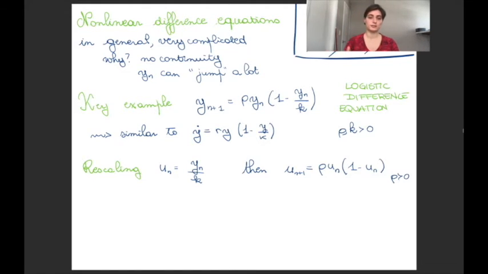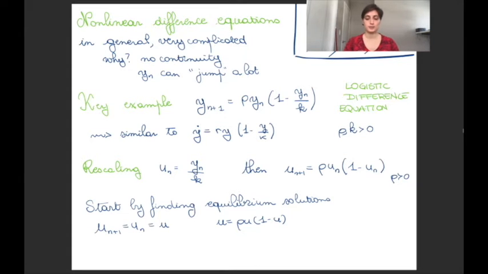If we rescale, that means we introduce a new unknown, un, that we define to be yn divided by k, then we can simplify a little bit. And we now have the equation un plus 1 equals rho un times 1 minus un, with rho a positive value.